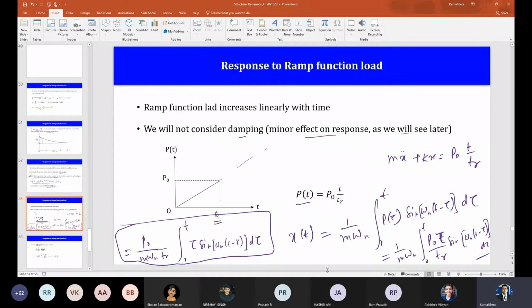We discussed the step loading, constant amplitude for continuous time, and then the ramp load, which is linearly increasing. In the last case, since damping was there, the integration was a little involved, so that's why we used the classical approach. But here it is very simple. Damping is not there, so you can easily perform the integration.